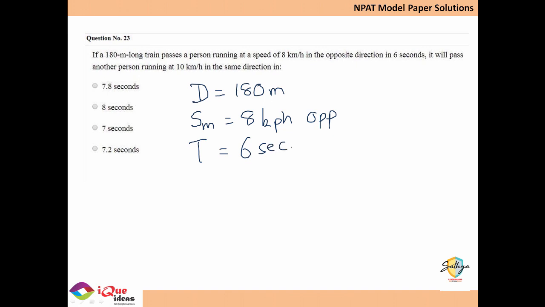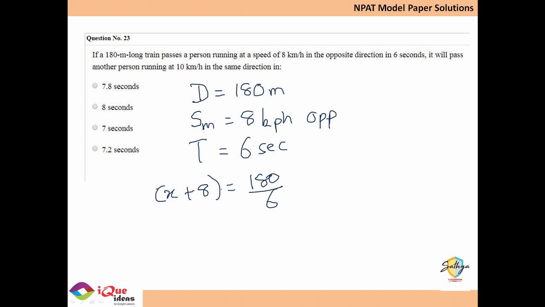Now when two objects are moving in the opposite directions, you add the speed. So now speed is equal to distance upon time. So speed is nothing but speed of the train x plus speed of the man 8, which is equal to distance upon time.